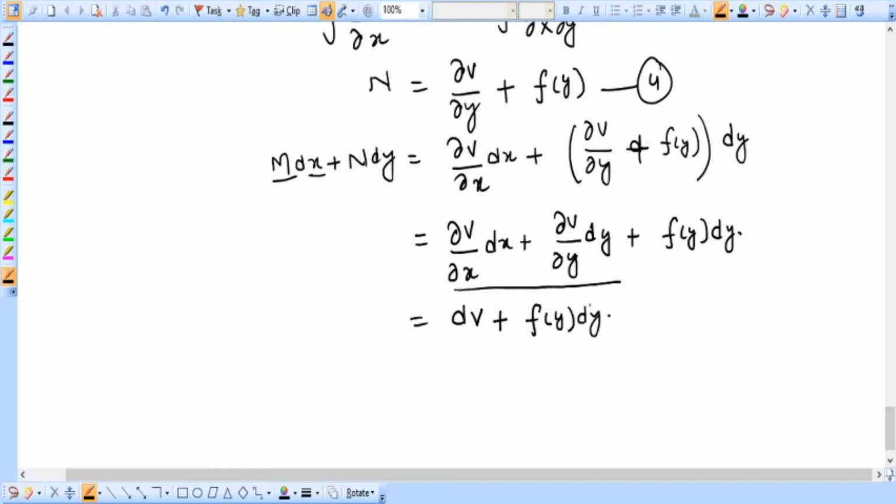One more thing I want to tell you here. See, f(y) dy. If I differentiate and integrate f(y) dy, differentiation and integration all together, we will again get f(y) dy, right? So in this step you will be getting f(y).